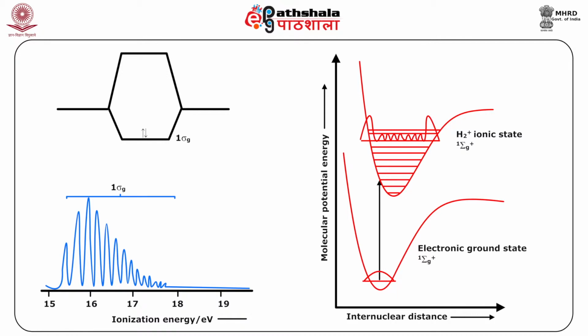The corresponding ionization energy, 15.83 electron volt, is called the vertical ionization energy and is higher than the adiabatic ionization energy, which is the lowest energy required to ionize the molecule without changing the vibrational energy. Here some vibrational energy change is also there, and that is why it is higher, because of the vibrational contribution.